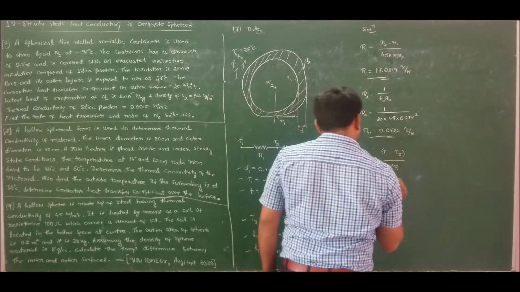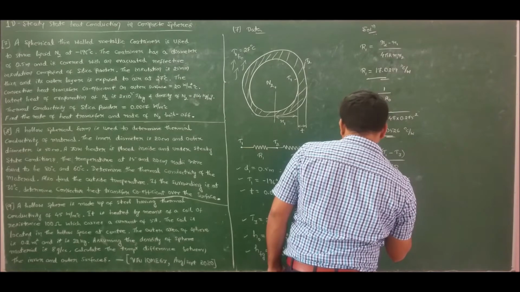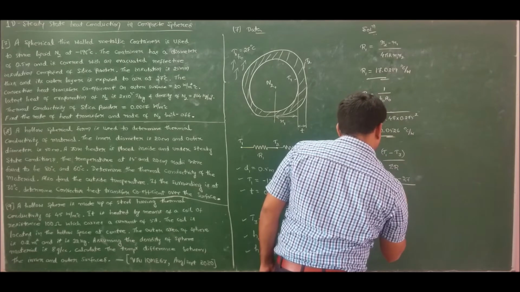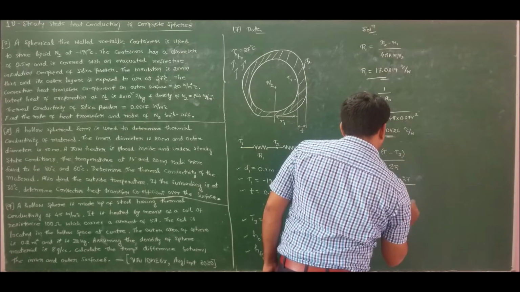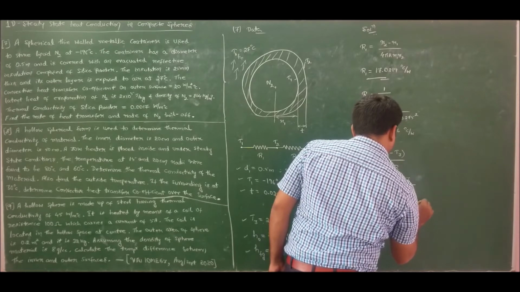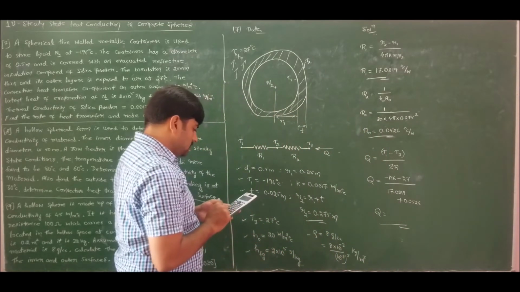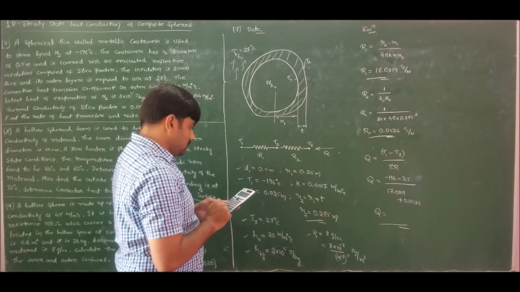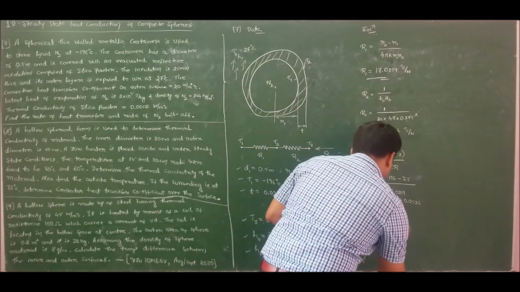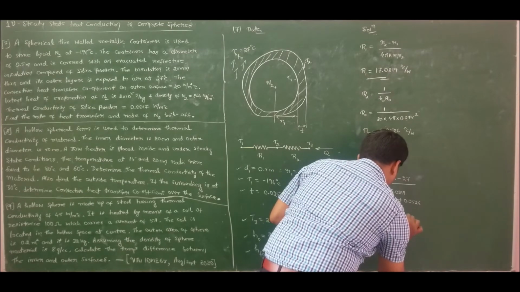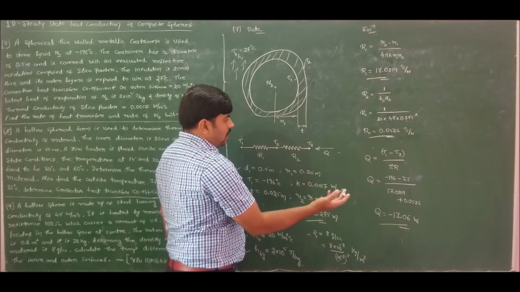So hence Q is equal to T1 is minus 196 minus T3 is 27 divided by sum of resistance R1 plus R2, which is known to us, which is 17.0219 plus 0.0526, which is minus 13.06 watts, which means that the heat transfer is taking place from outside to inside.